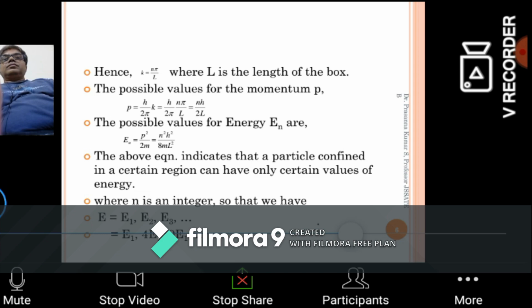Therefore, k is equal to n pi by L. So the constant k becomes n pi by L, where L is the length of the box.